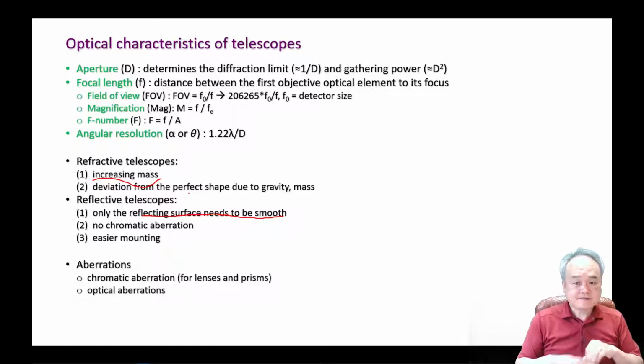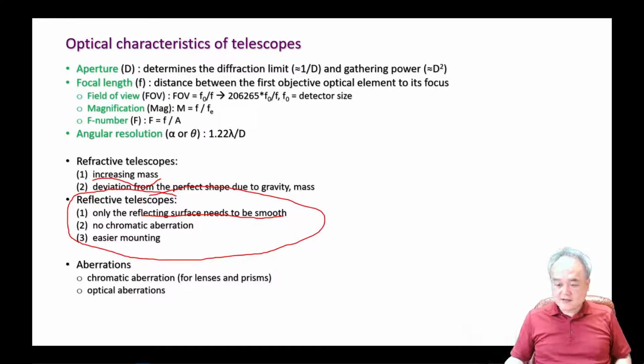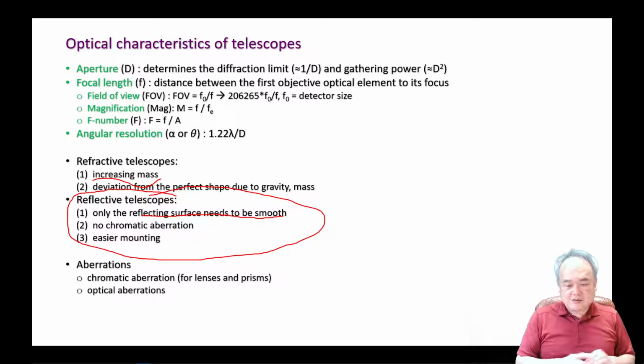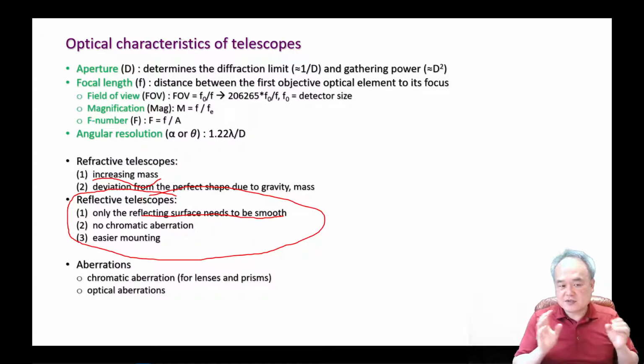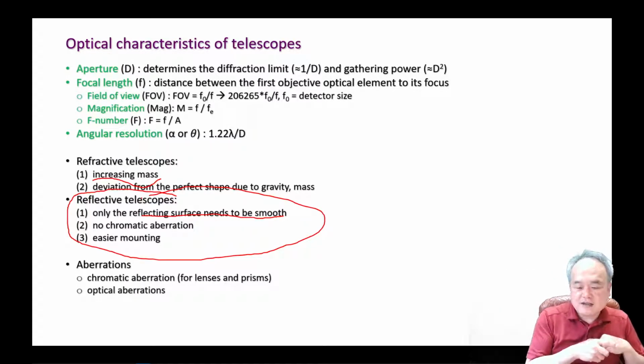Because of these reasons, nowadays even for hobby telescopes, the reflective telescope has basically taken over, and almost all professional telescopes are designed and manufactured as reflective telescopes.